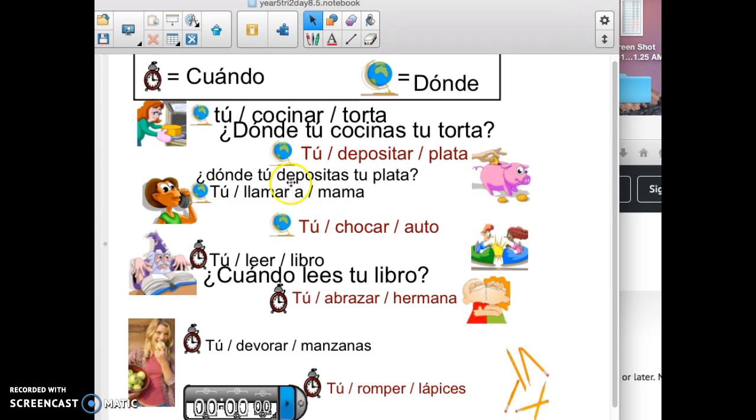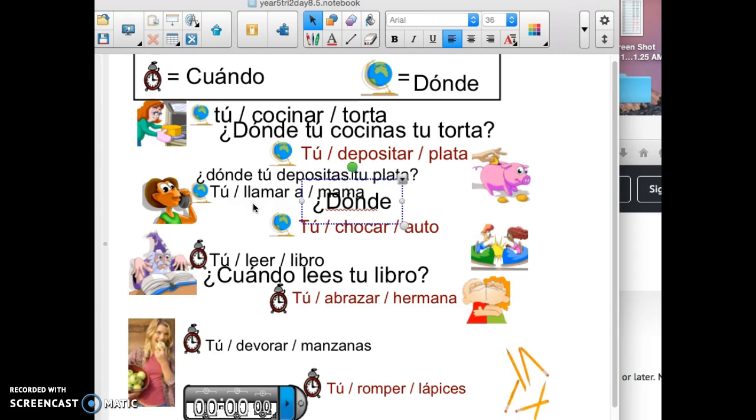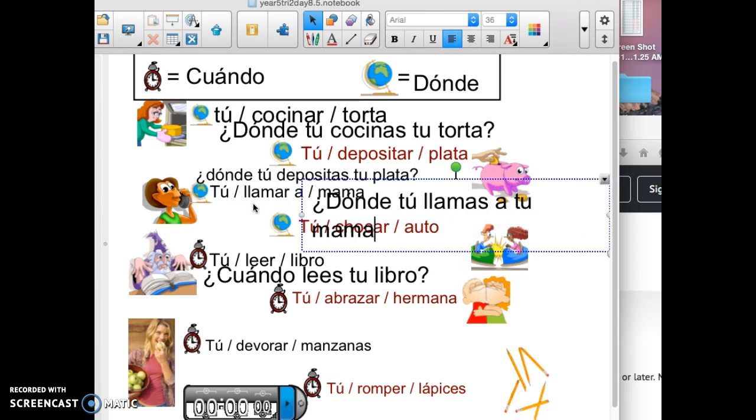Okay? Where do you call your mom? So this would be donde tú llamas a tu mamá. Oh, I keep forgetting the accents on this too.